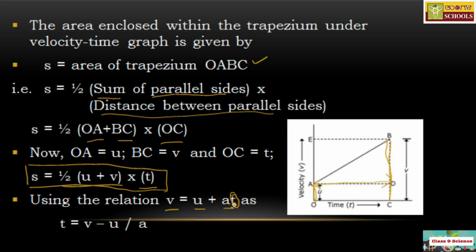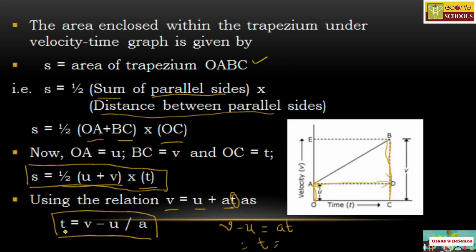Sending this u to the side where v is, we get v minus u equal to a into t. Therefore, t is equal to v minus u by a.